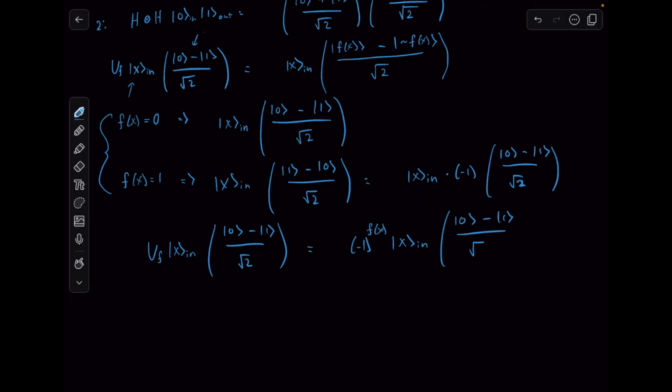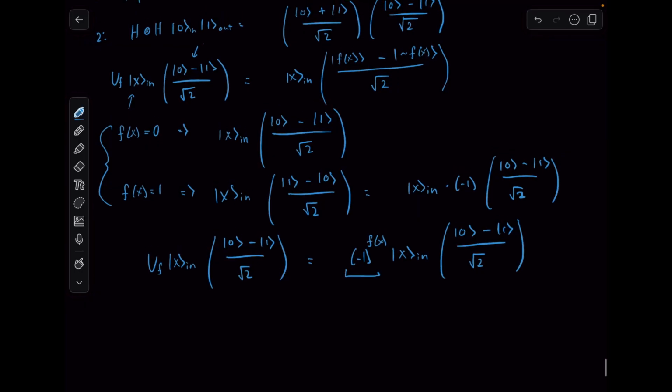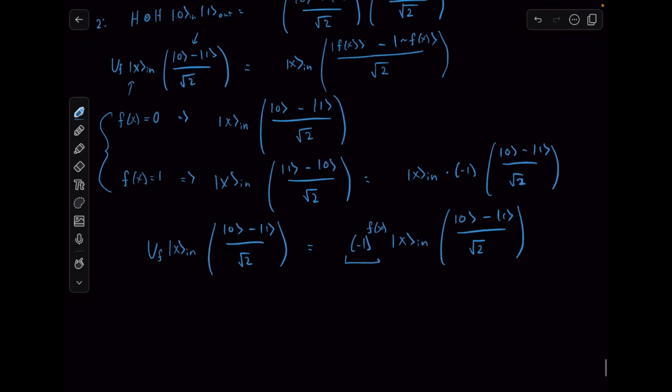So what we've done is we've changed a bit flip that would have happened by applying U_f onto the output register. We changed the bit flip to an overall change of sign. So now we have this phase factor, this sign flip that's going to depend on the value of f of x.